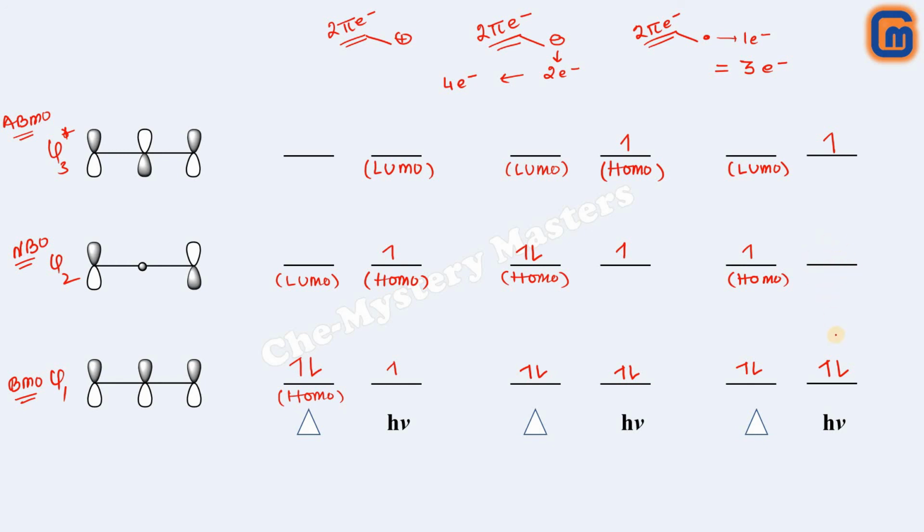Now the electron present at the lower level, psi1, also gets excited to the next energy level, that is psi2. This gives such a condition. And here again the HOMO becomes psi3 star, which doesn't leave any LUMO.